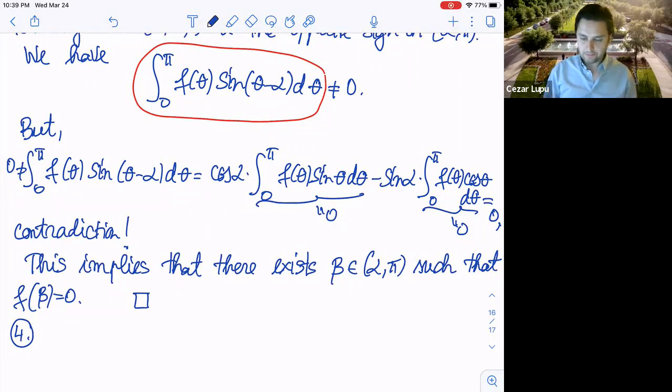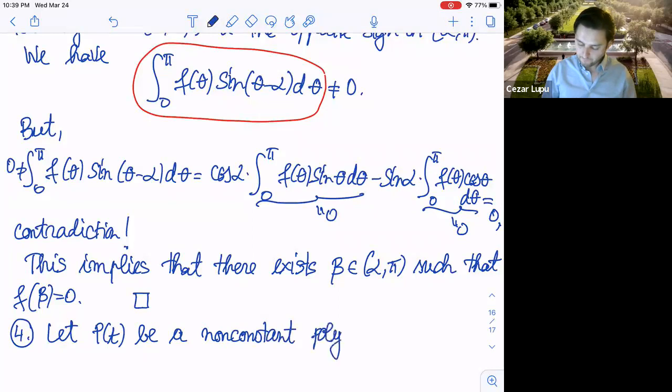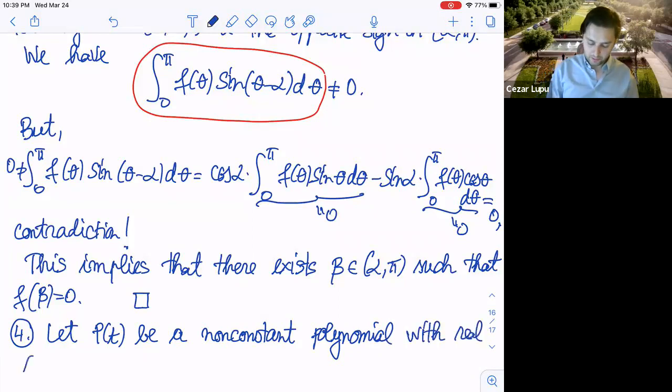So let P of t be a non-constant polynomial with real coefficients, right?